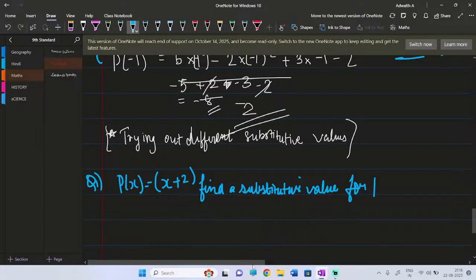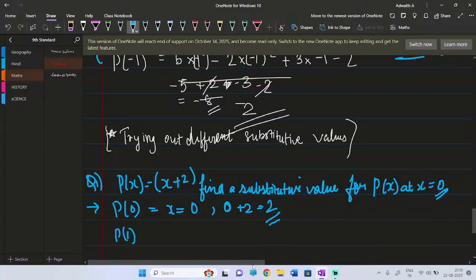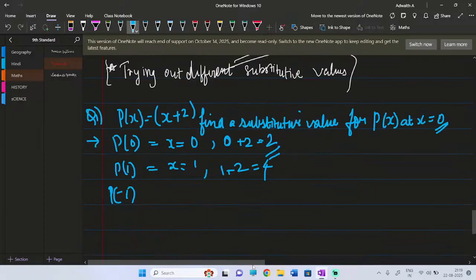For P of x at x equal to 0, the question is very simple. If we substitute x equal to 0, we get 1, and 1 plus 2 gives 3. Substituting minus 1 gives minus 1 plus 2.